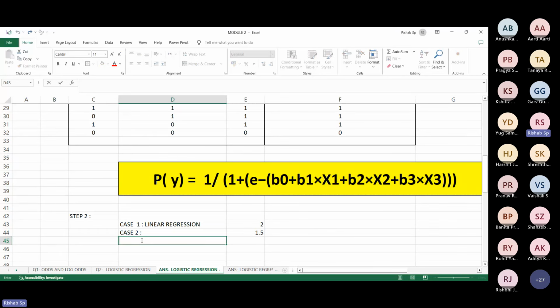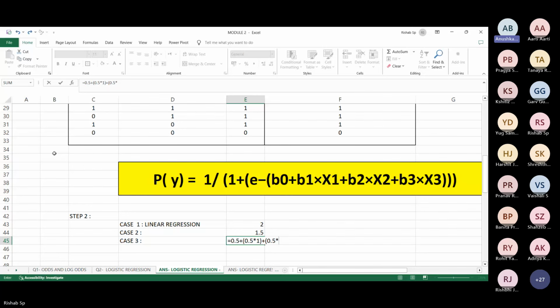For case 3, again we'll solve in the same way: 0.5 plus 0.5 into the first value, 1, plus 0.5 into the second.